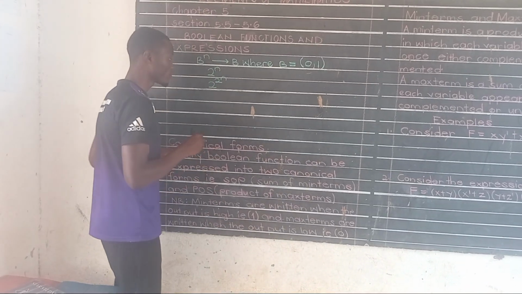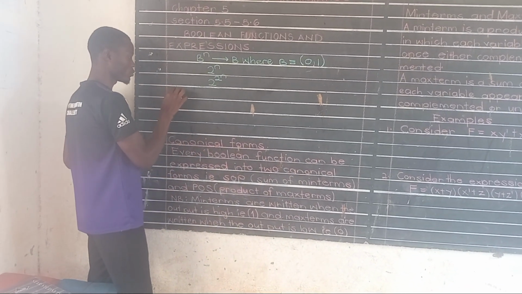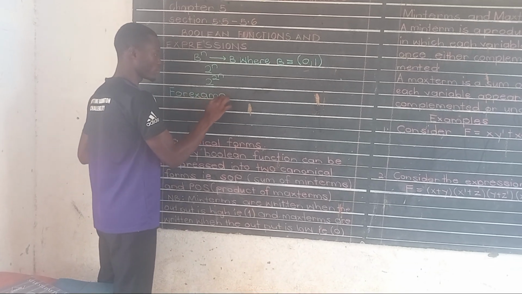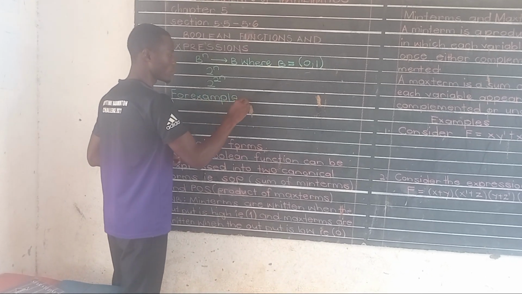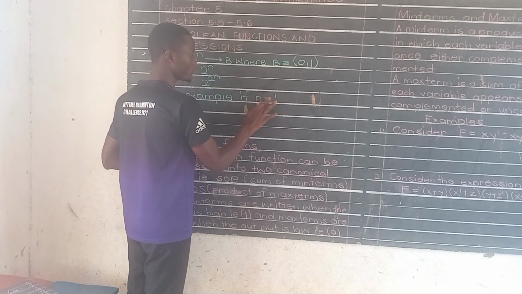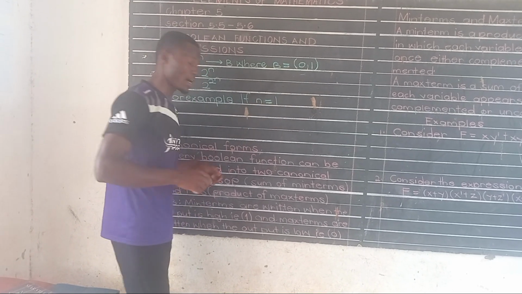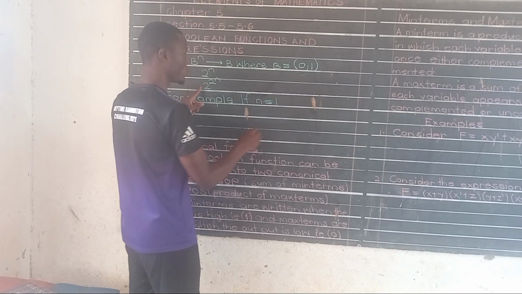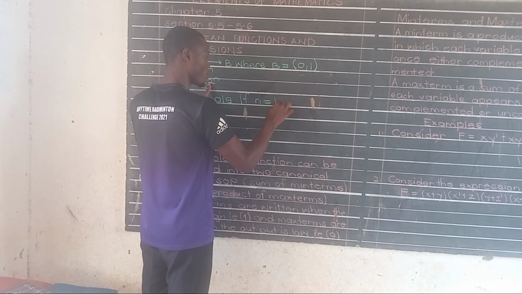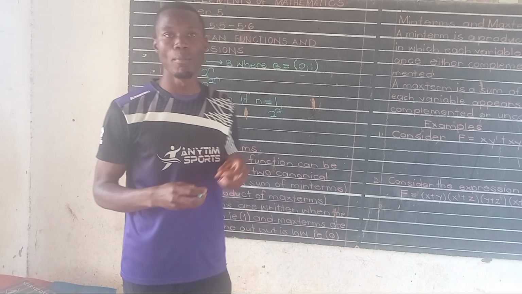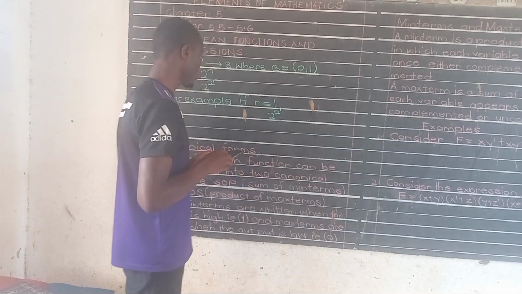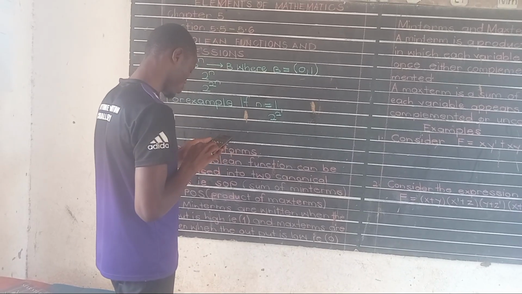For example, if my n is equal to 1, I will have 2 to the power 2 to the power 1 possible Boolean functions, which is 2 squared.